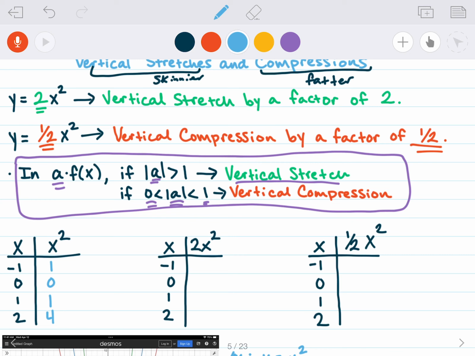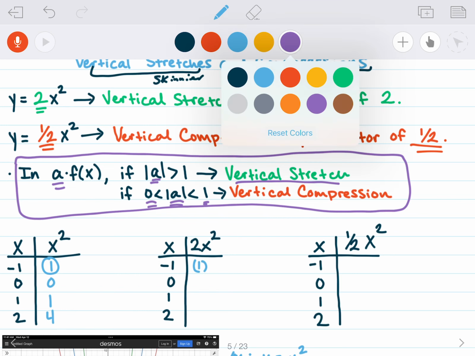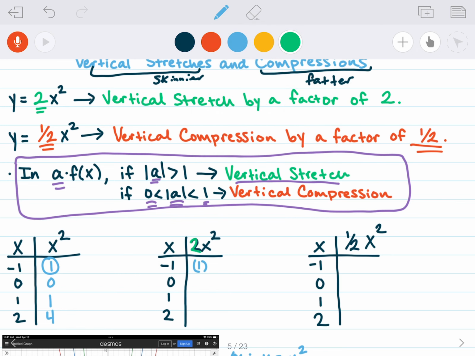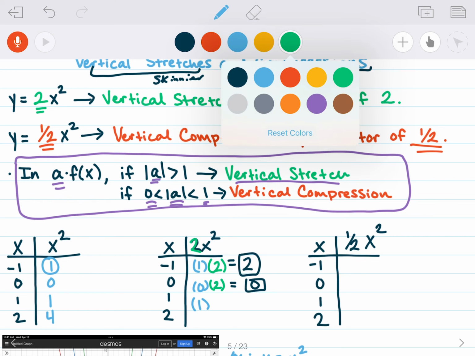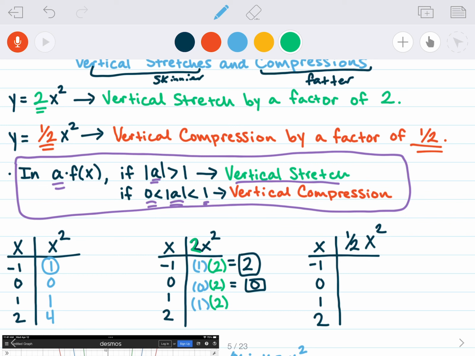So for this one, we have a parent function output of 1, and we're going to multiply it by my stretch factor, which is 2. So my new output is 1 times 2, 2. Same thing for the next one. 0 times 2 is 0. The next one is 1 times 2, so I'm just taking the outputs of my parent function, multiplying them by 2, and seeing what I get.